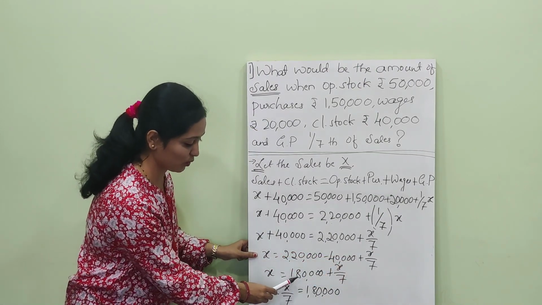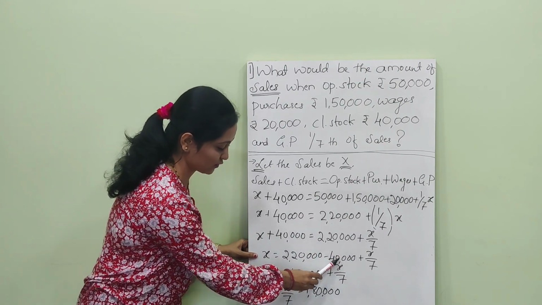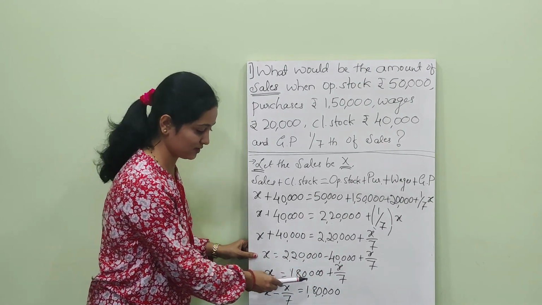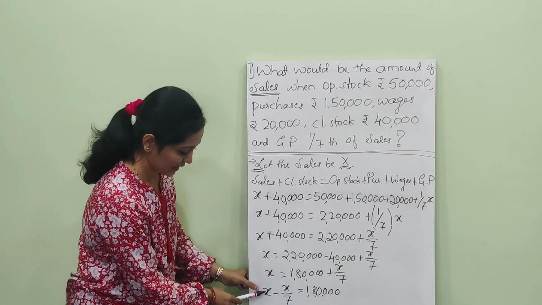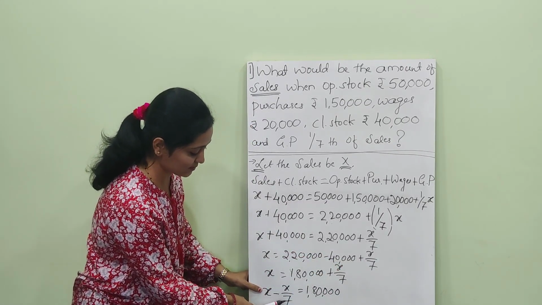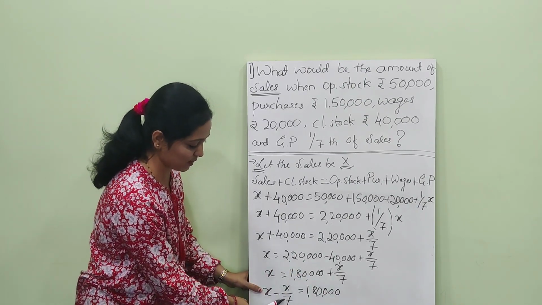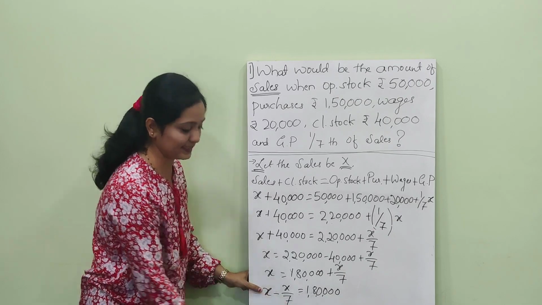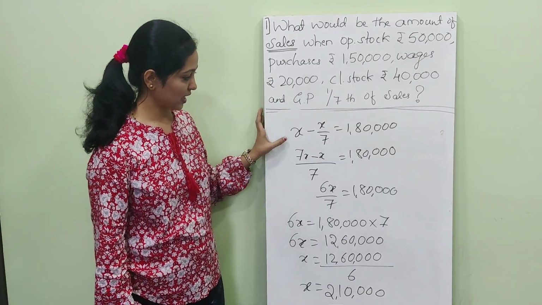Then X is equal to 1,80,000 plus X by 7. So plus X by 7 becomes minus X by 7 on the left side, is equal to 1,80,000 as it is.